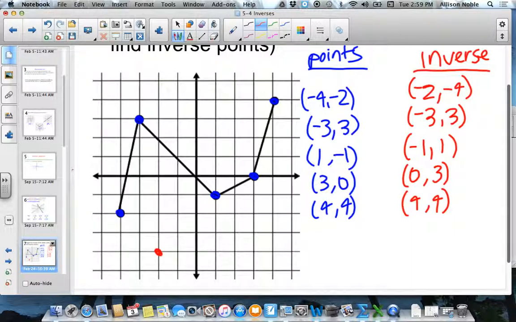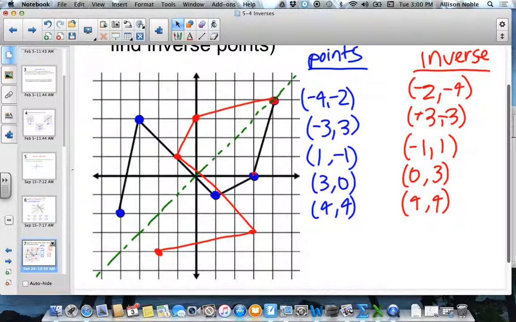Not -3, 3. That should be 3, -3. Sorry. 3, -3 is over here, so I connect those. -1, 1 would be right here. 0, 3 would be here. And 4, 4 would be over here, which gives me a graph that reflects across the line y equals x. If I folded it on y equals x, that would give me the same graph.